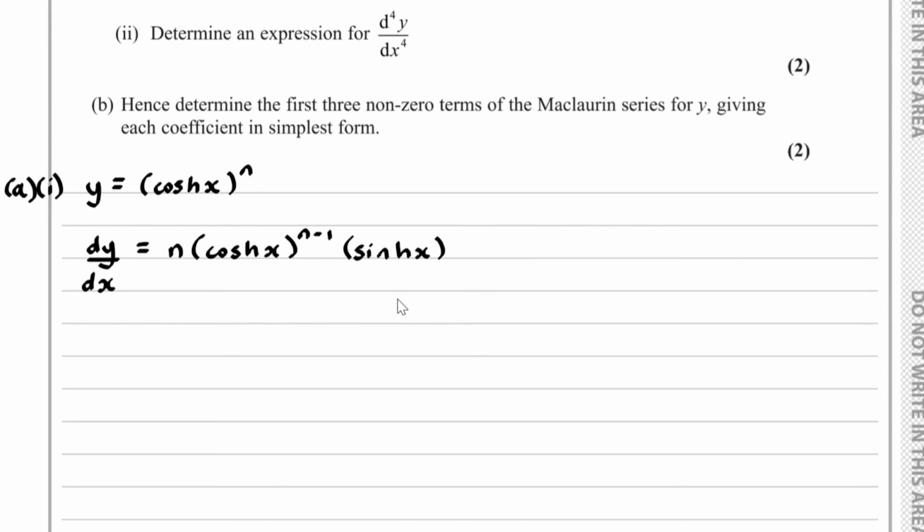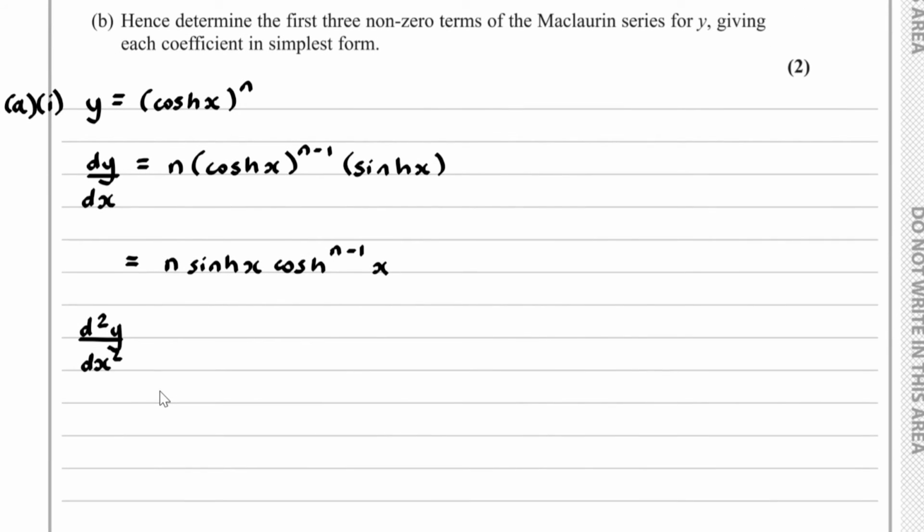And now what we can do is rewrite this as n times sinh x times cosh x to the n minus 1. And now we can find out what d squared y over dx squared is using the product rule.